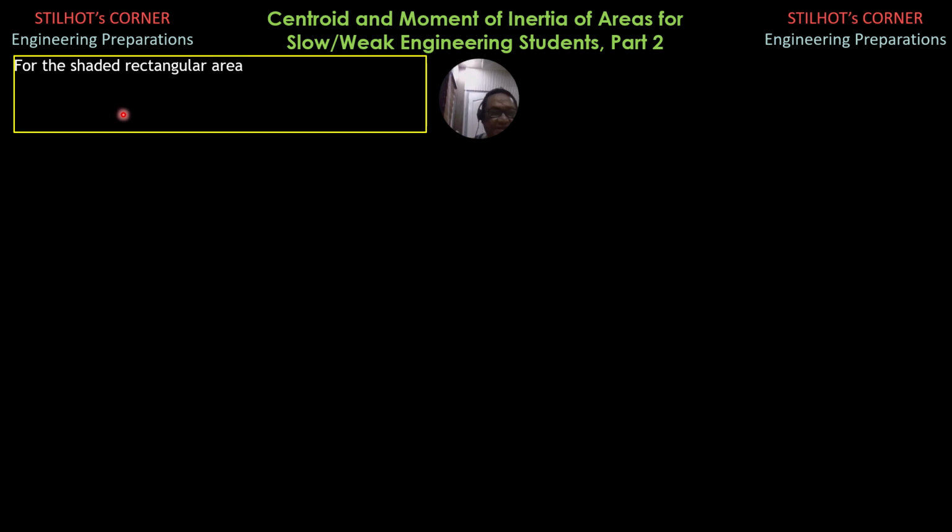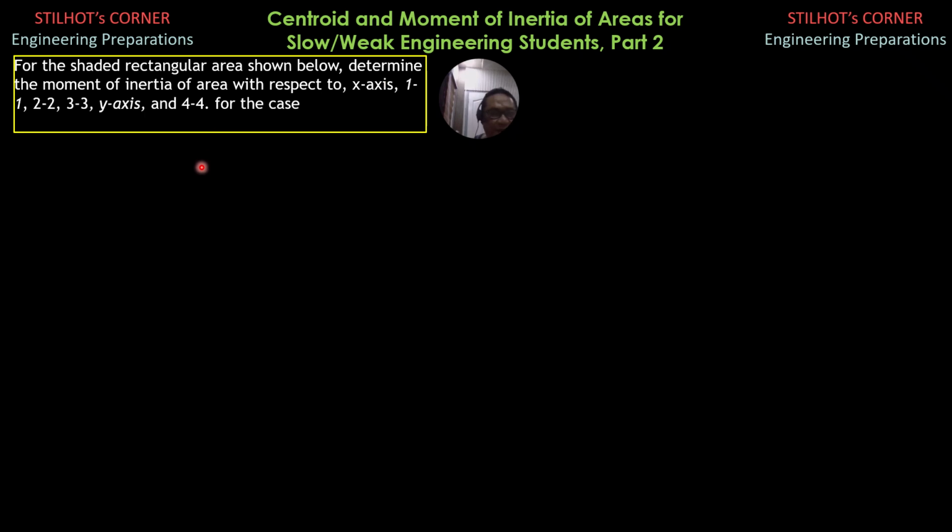So for the shaded rectangular area shown below, determine the moment of inertia of area with respect to x-axis, axis 1-1, axis 2-2, axis 3-3, moment of inertia with respect to the y-axis, and axis 4-4.